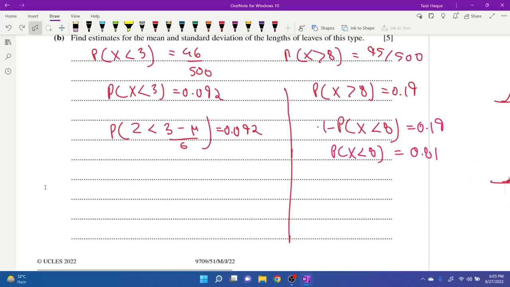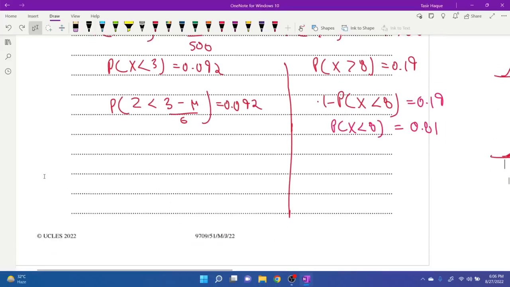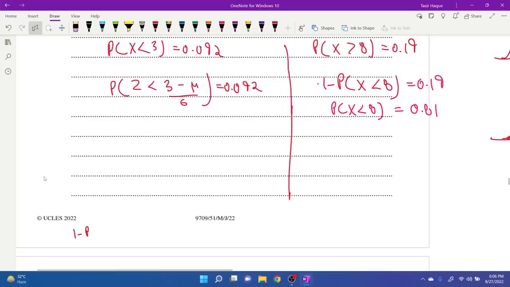So what do we do to make a negative value positive? We do two things in normal distribution. We convert the greater than sign to less than, by doing 1 minus P(X < x), when it was initially P(X > x). And the other thing we do is, if P(X < minus x), we can write it as 1 minus P(X < x).